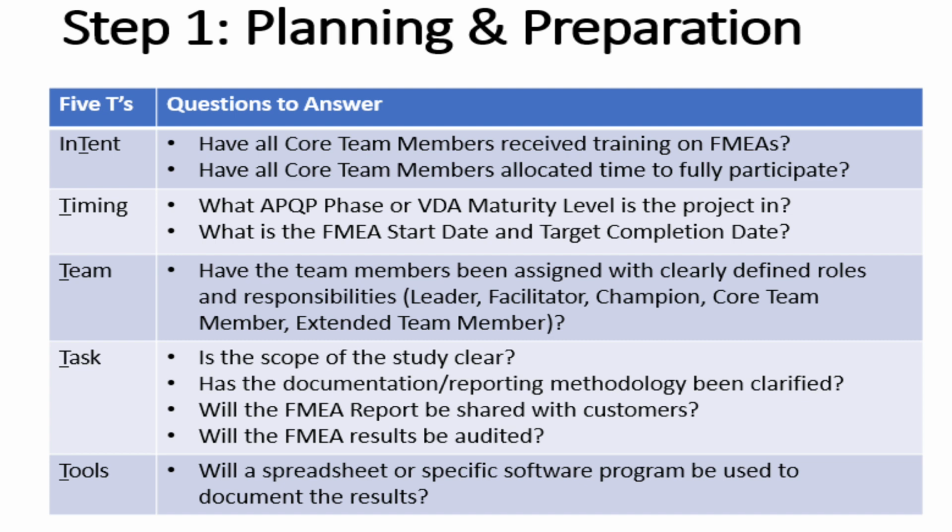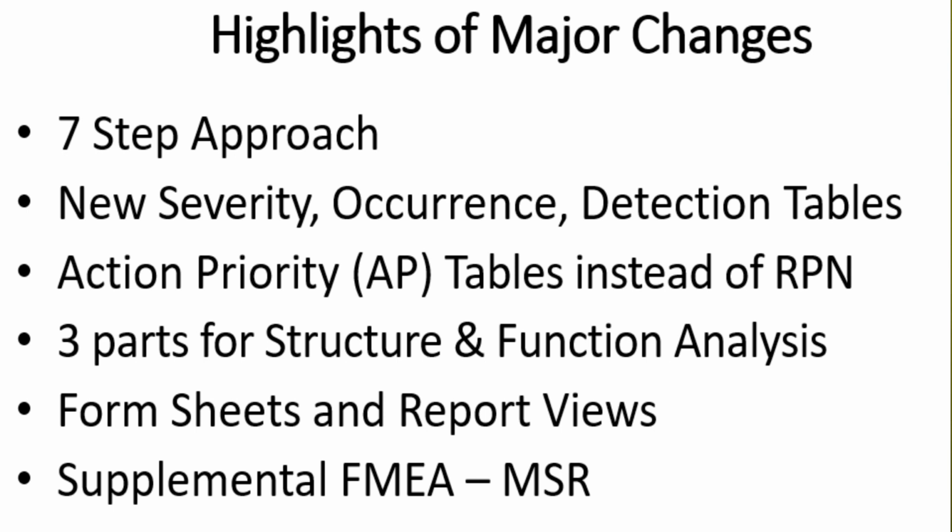So if I do a summary of what I have shared with you so far, first is the key difference between the older version and the new version with respect to the color of the book: red book, blue book, and now this red and blue both book. Then there is something new with respect to the 7 steps. Then there is a change in the severity, occurrence and detection tables.